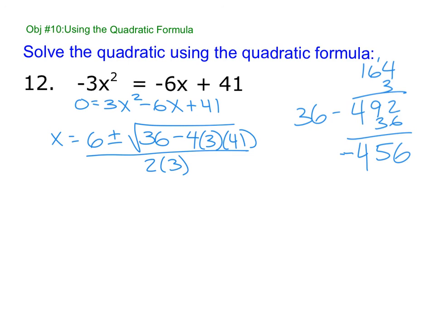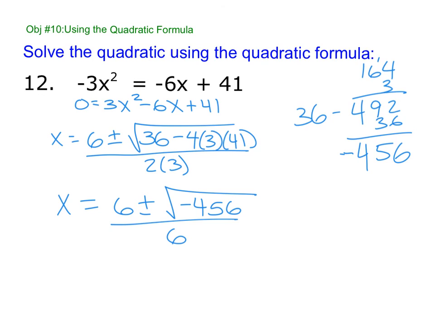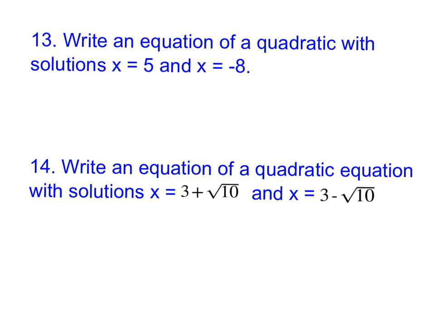So notice there's a negative under the square root. So we're actually going to write for our solution, no real solutions. We're going to go over what happens here later, but for right now, we'll just put no real solutions.